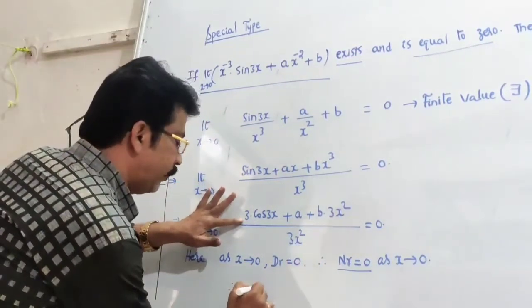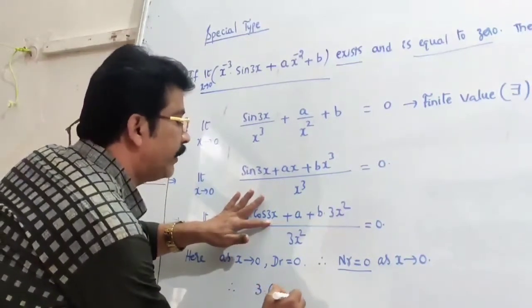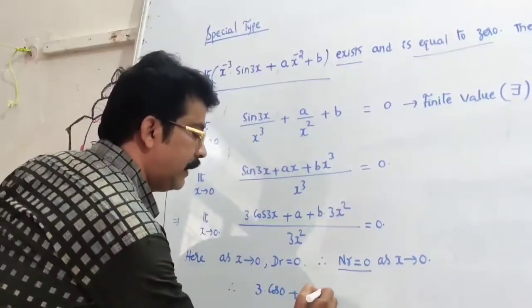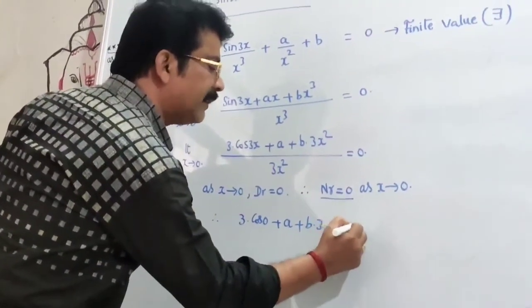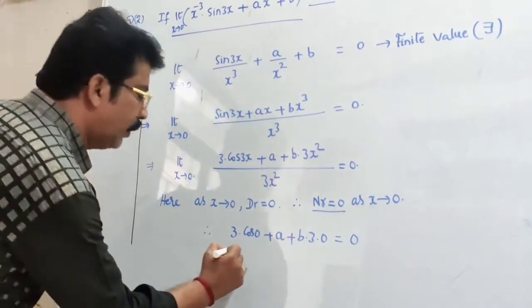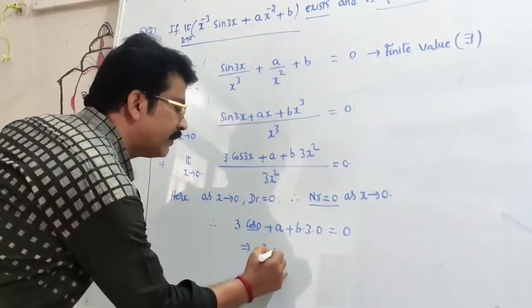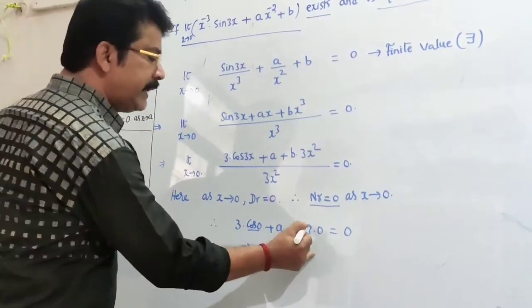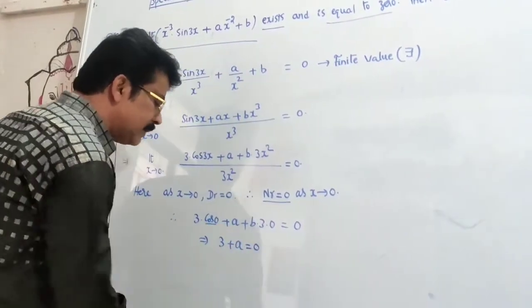Therefore, 3 into cos 0 plus small a plus b into 3 into 0 is also equal to 0. So that implies cos 0 is 1, into 3, plus small a. Here 3 into 0 into b is 0, that is equal to 0.